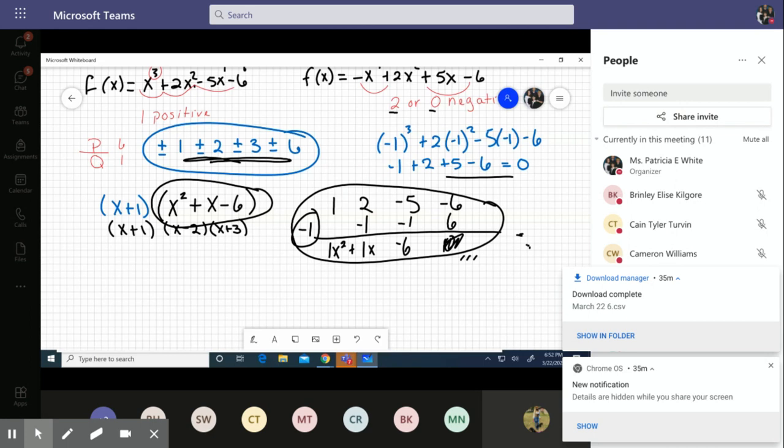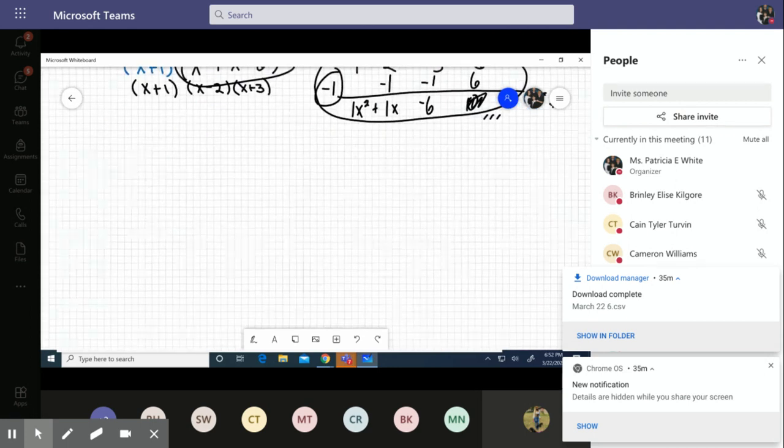That doesn't always give you all of your solutions. Sometimes you just have to rely on what you know with factoring. So I'm going to go to 51. We have f of x is equal to 2x to the 4th.